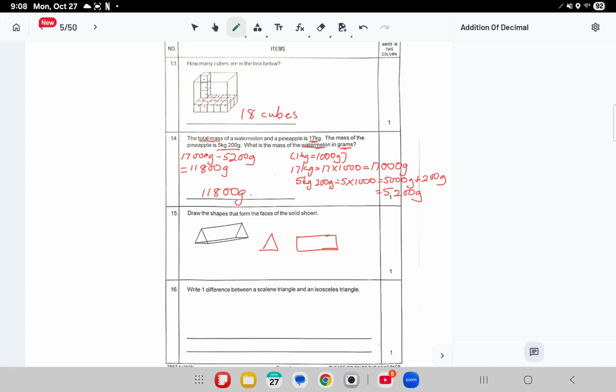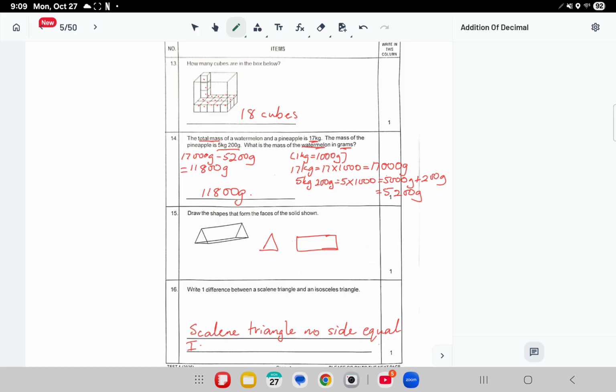It said write one difference between a scalene triangle and an isosceles triangle. So we know a scalene triangle has no sides equal and no angles equal.